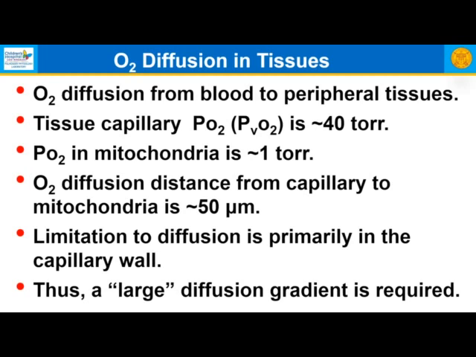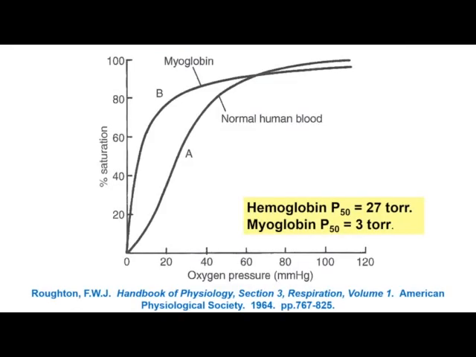So thus a large diffusion gradient is required to move oxygen from the capillary across the tissue capillary wall into the mitochondria. What helps this out is myoglobin. So hemoglobin has a P50 of about 27 torr. That is, at 27 torr, hemoglobin is 50% saturated. Myoglobin has a P50 of about 3, so at a PO2 of 3, myoglobin is 50% saturated.